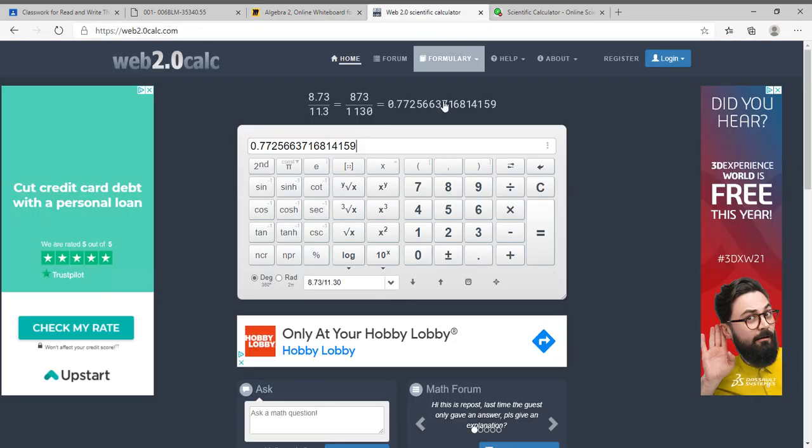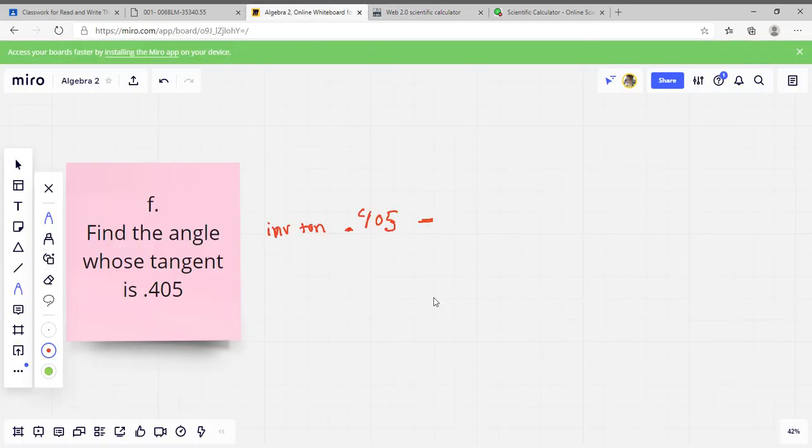So on our calculator, we're going to put 0.405, and then we're going to hit our second button and hit ATAN, and we get 22.05 when we round it up. So that one is 22.05.